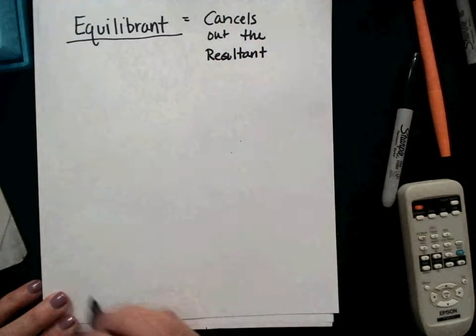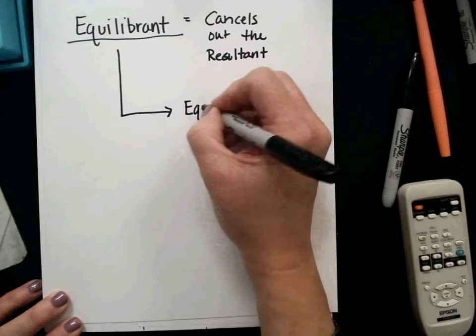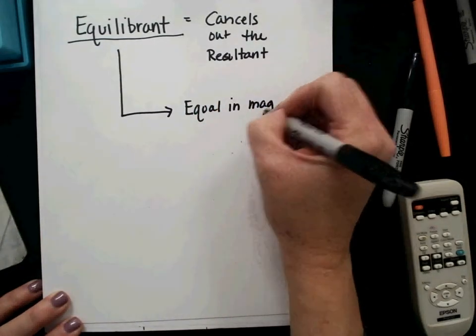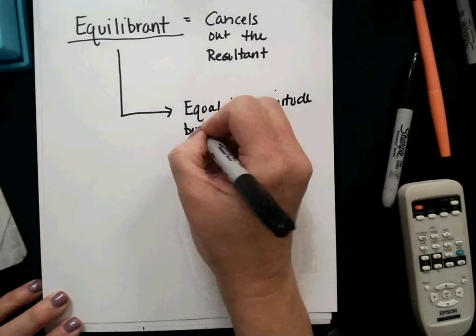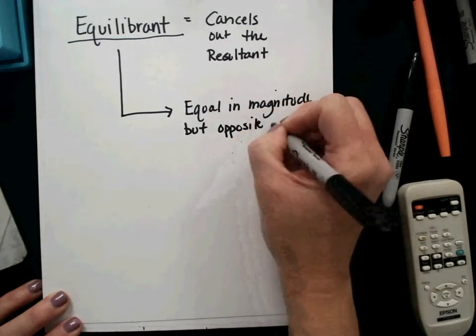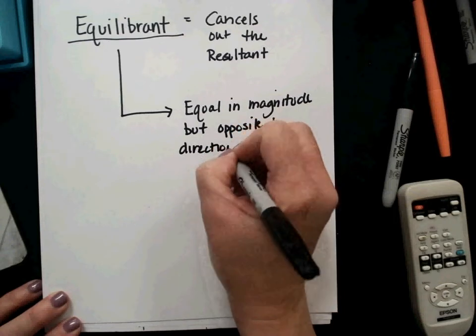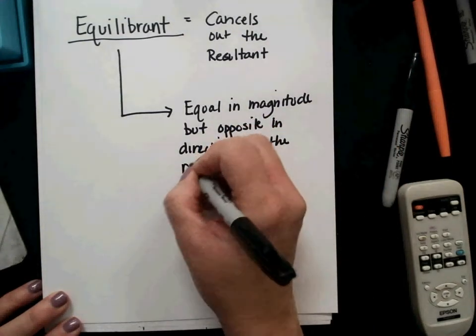It does that by being equal in magnitude but opposite in direction to the resultant.